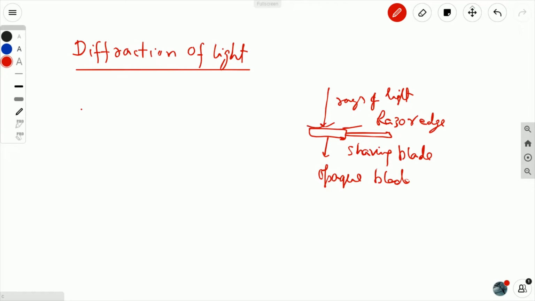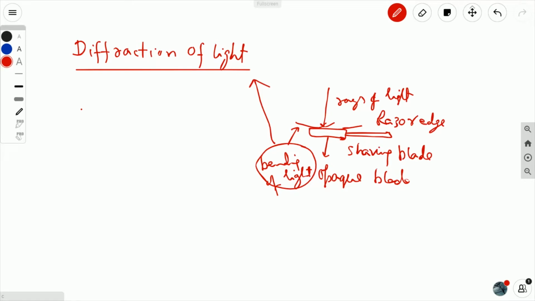This is bending of light, and this bending of light is called the diffraction of light. Okay, students.